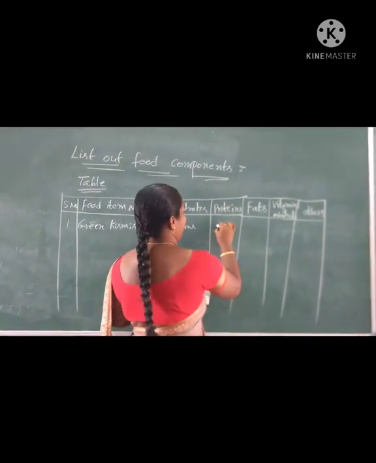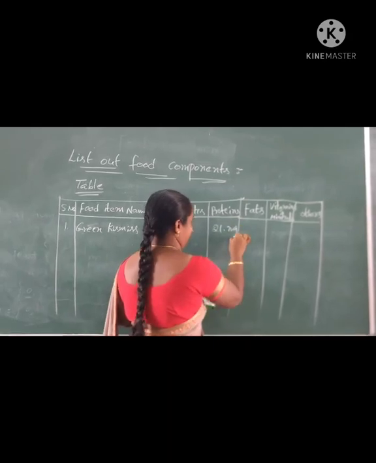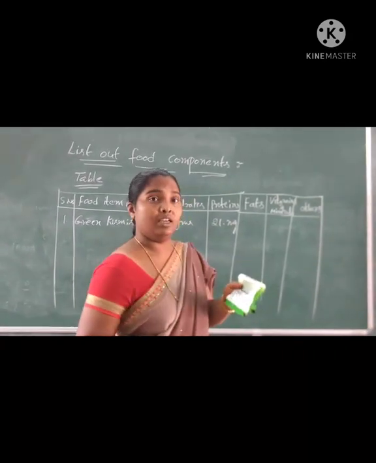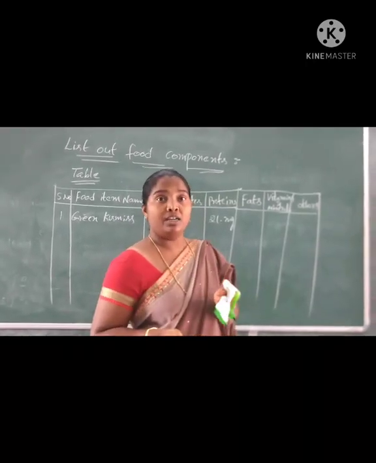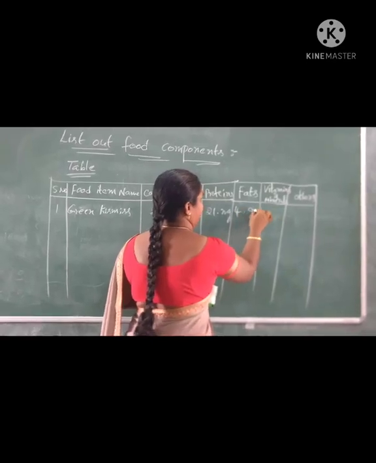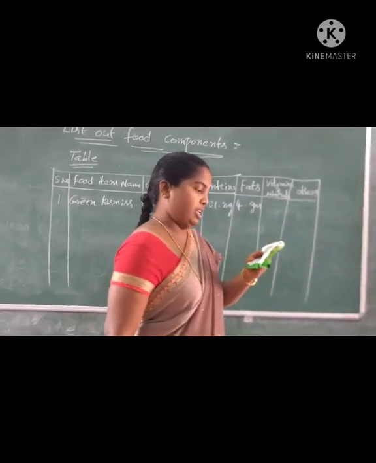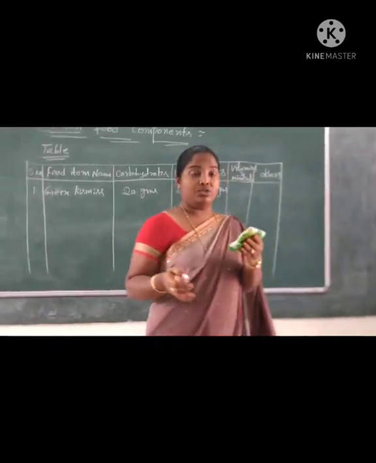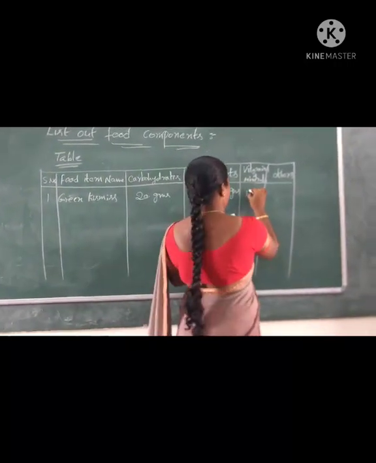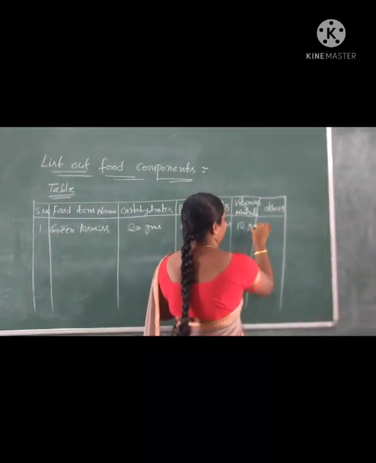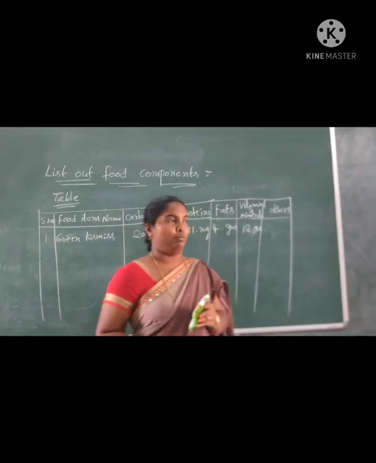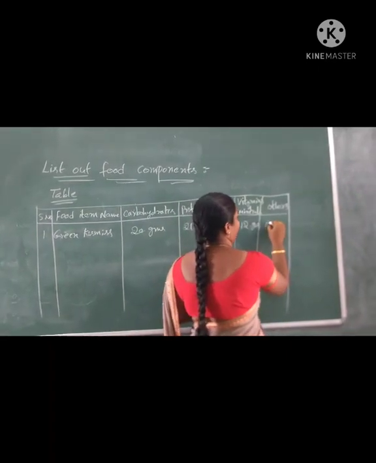Proteins 21 mg. Fats: we have no fats, saturated fat 4 grams. Vitamins and minerals 12 grams, 20 to 40 milligrams. Others, monosaturated. These are all other food components, 2 grams.